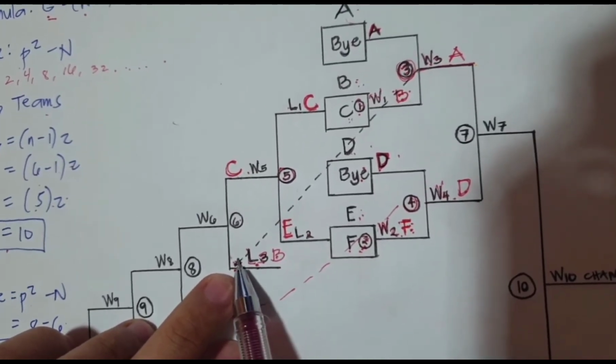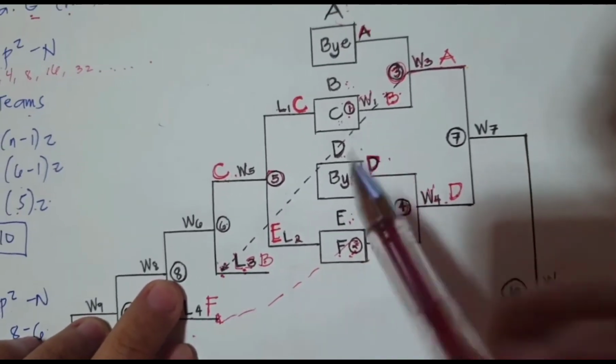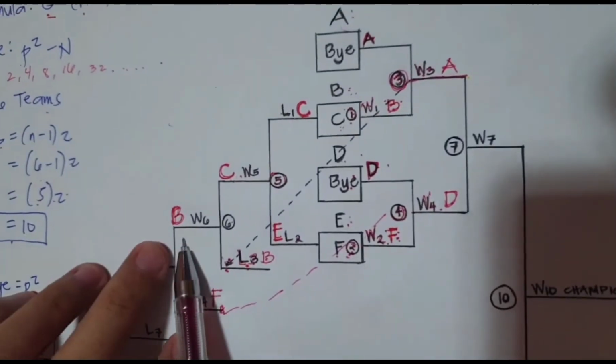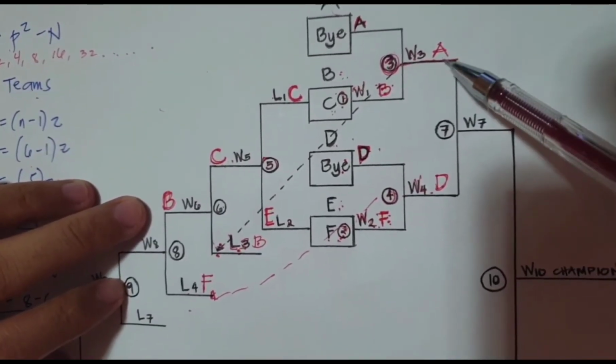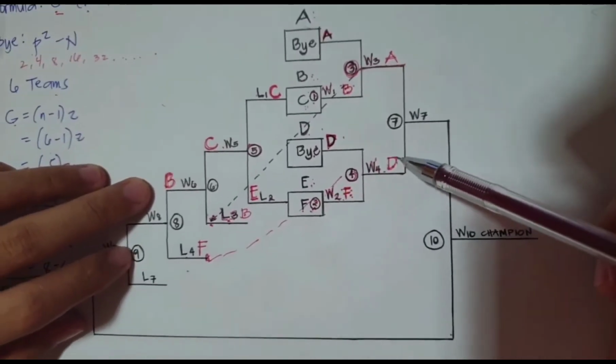This is the losers bracket. So, let's say Team B won. Team B will wait for its turn to play again. Now we go to the winners bracket, which is A versus D for game number 7.